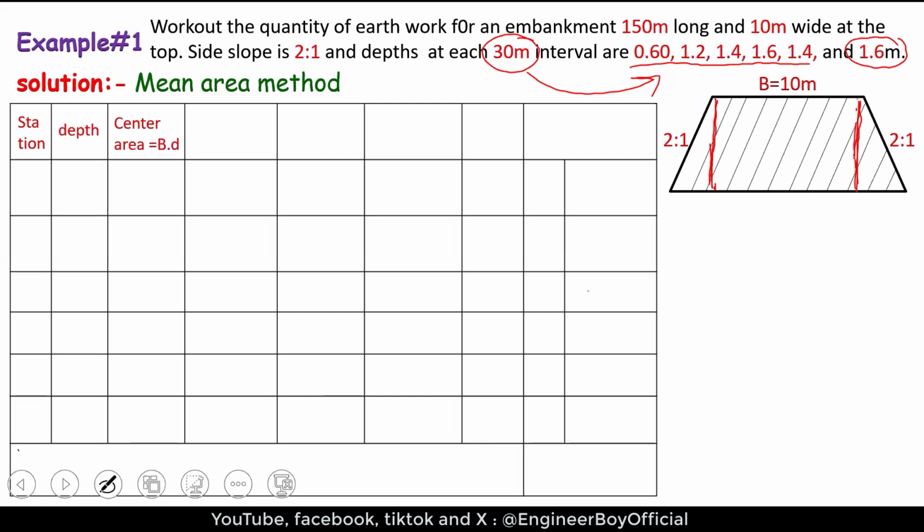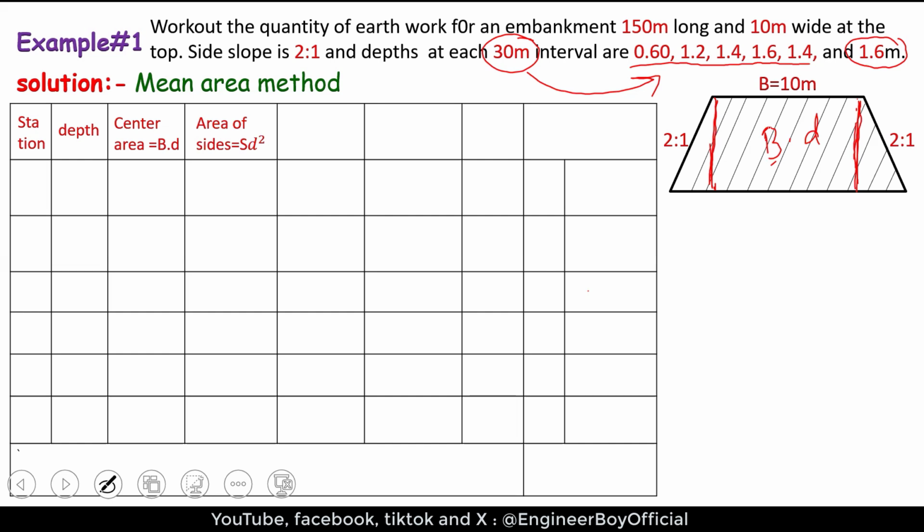So the central area is BD, the breadth times the depth. Then we should have the side areas, and these are SD square only. Why SD square? Because the side slope for both sides is the same.